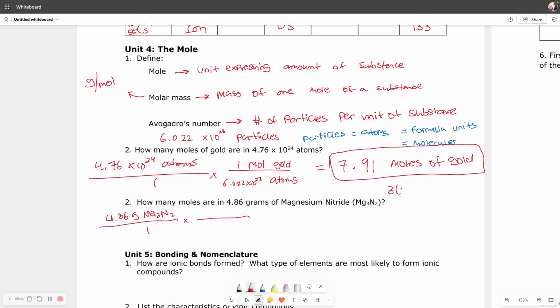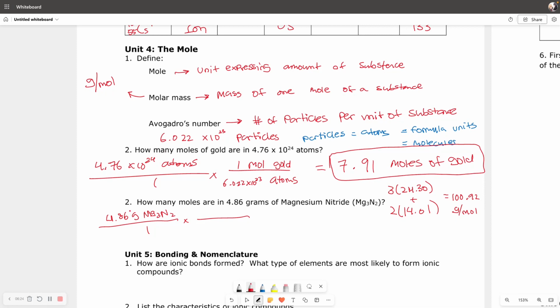So 3 times 24.30 plus 2 of nitrogen. Nitrogen is number 7 on your periodic table, and the corresponding number is 14.01. So 3 times 24.30 plus 14.01 times 2, we're going to get 100.92 molar mass, grams per mole.